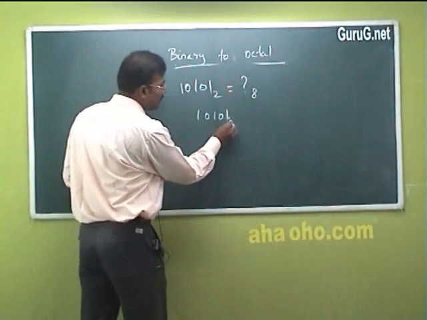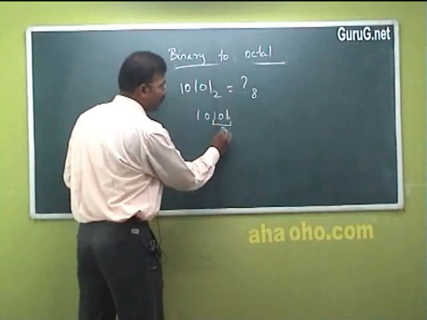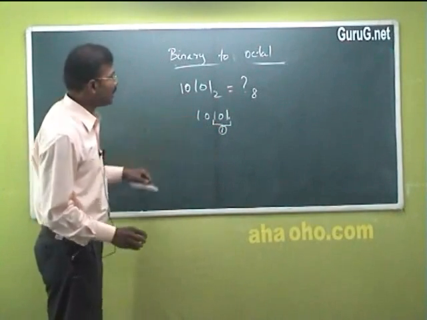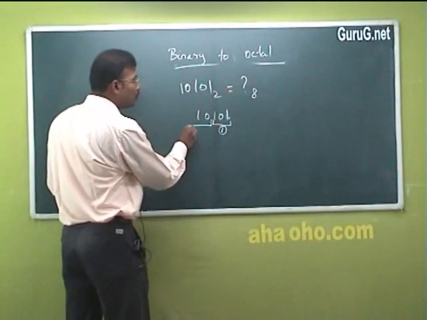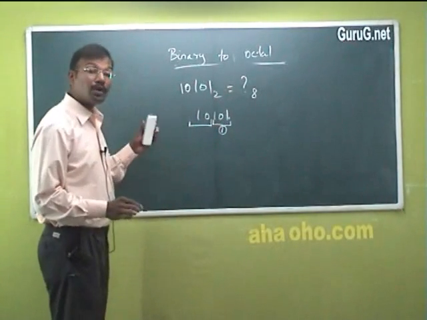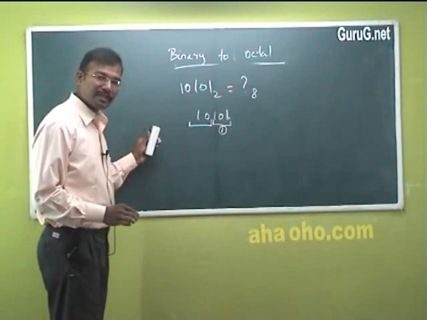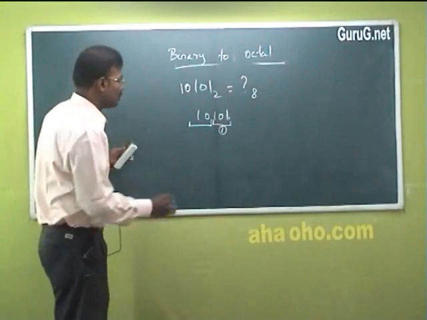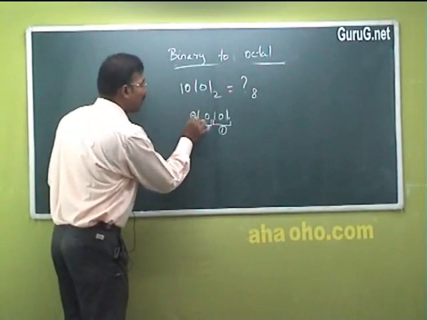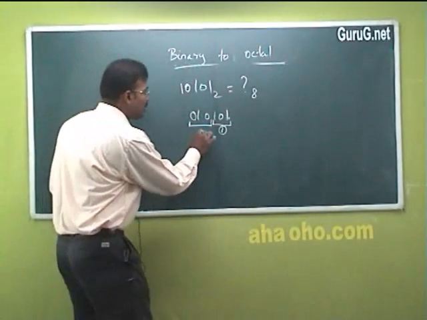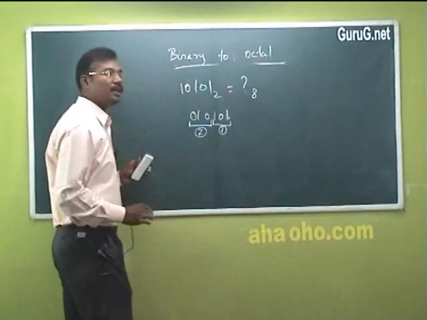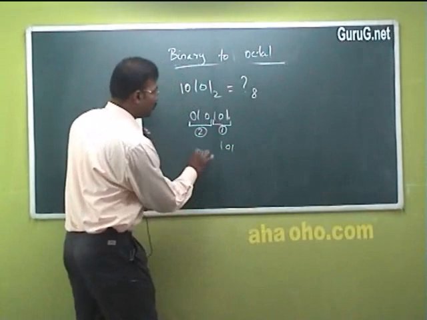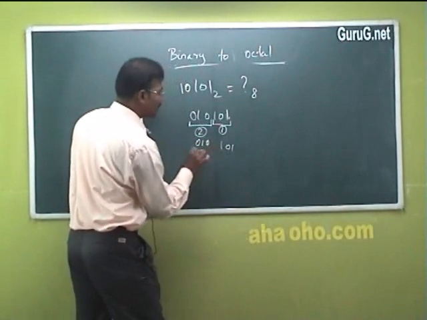Here you can see this set will form one group. Next, you have only 2 bits. So what you do is add a 0 on the MSB side. So this is the second group. Now you have 1 0 1 as the first group and 0 1 0 as the second group.